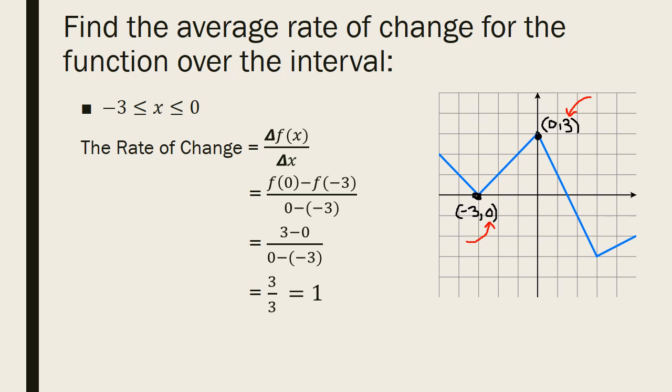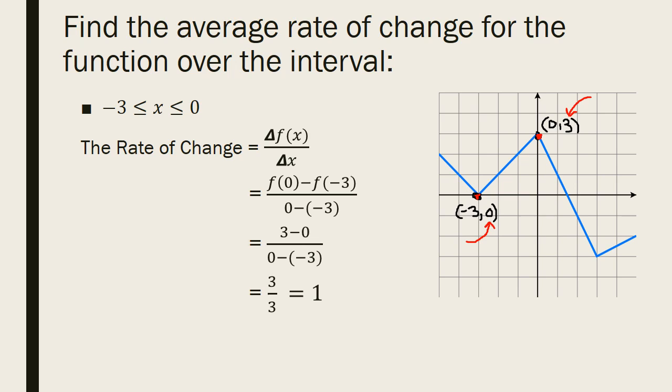Now we learned how to find the slope or the rate of change before for a line looking at a graph using rise over run, and we can definitely use the same thing here. If we look at this interval or this piece of the graph and try to apply the rise over run, we're going from x equals -3, from this point right here, to this point right here, which is the end of the interval.